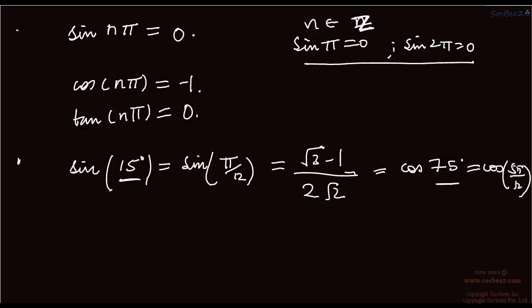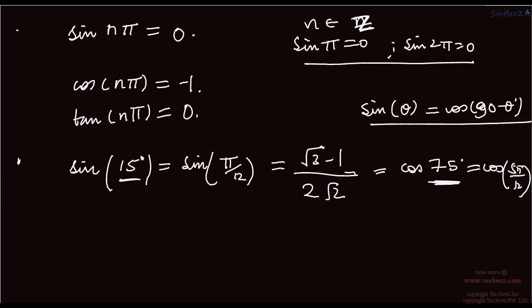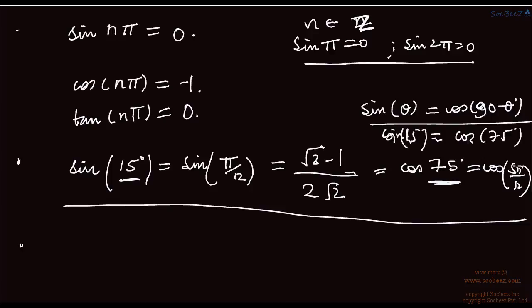How is that? Because 15 degree plus 75 degree is 90 degree, and sine of theta is cos of 90 minus theta. That's why sine of 15 degree is equal to cos of 75 degree. So that's why. This is one relation.